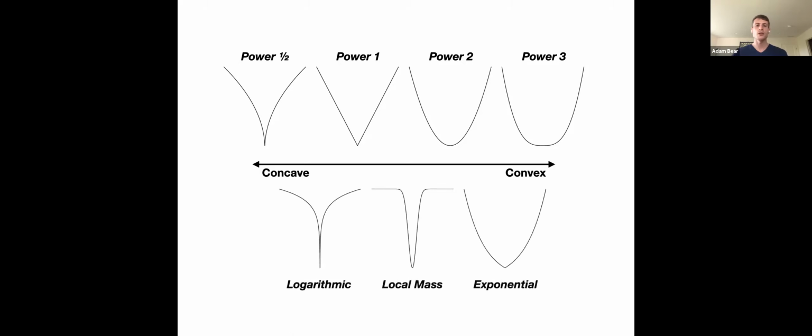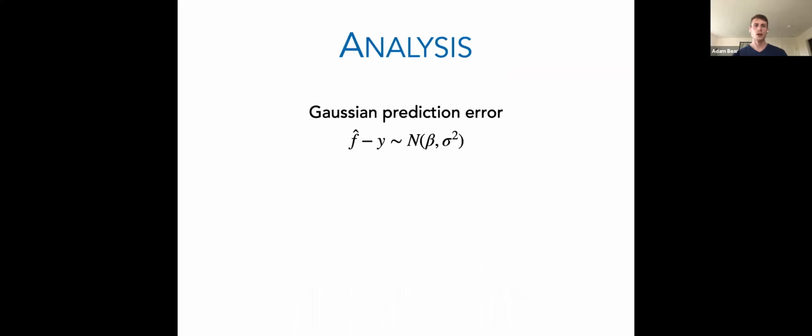We also consider some other functions, like the logarithmic function, which is highly concave, versus the exponential, which is highly convex. And this local mass function, which has convexity and concavity at different points in the function, and is kind of like an inverted bell curve. So how do we analyze the bias-variance trade-off?